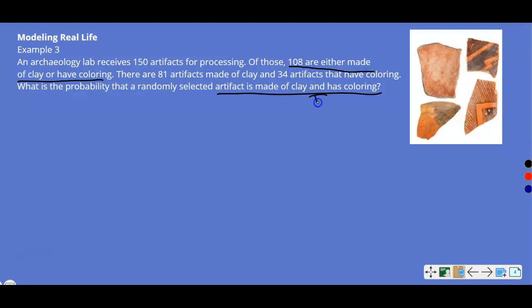We're looking for an and statement right here. There are 81 made of clay, and 34 have coloring. And then we know that 108 are clay or coloring.